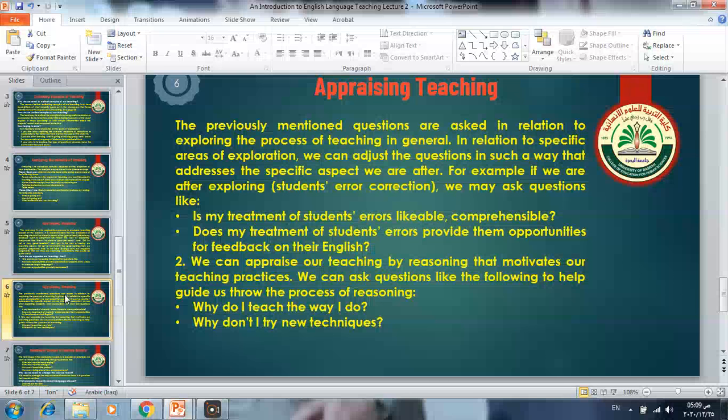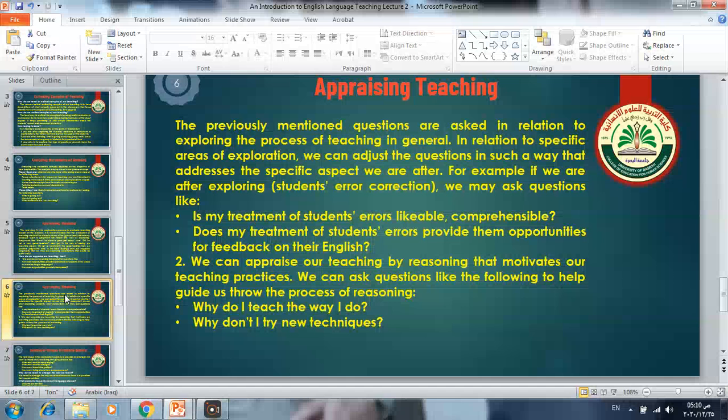Does my treatment of a student's errors provide them opportunities for feedback on their English? So you ask yourself, when I correct the student's errors, does the way I correct errors provide the students with an opportunity for feedback? You ask yourself the same.